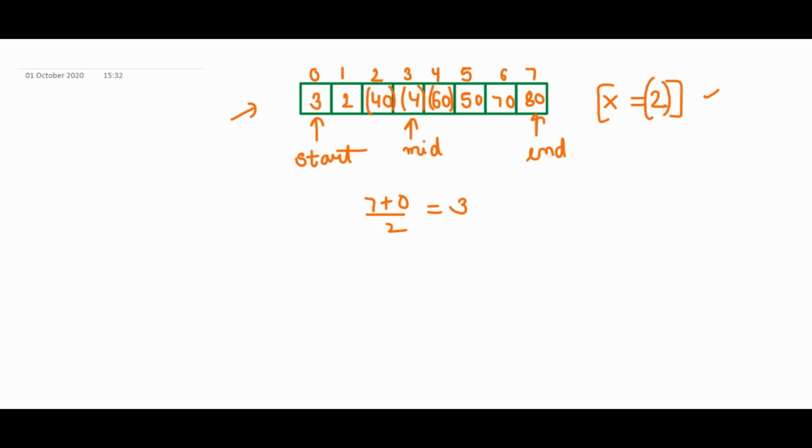So first of all, we will compare 2 with 4. It is not true, they are not equal. So we will see if the mid minus 1th element is equal to 2. No, it is not. So we again compare it: if the mid plus 1th element is equal to 2, no, it is not. So what will we do? We have to go either left or right when all these elements are not equal.